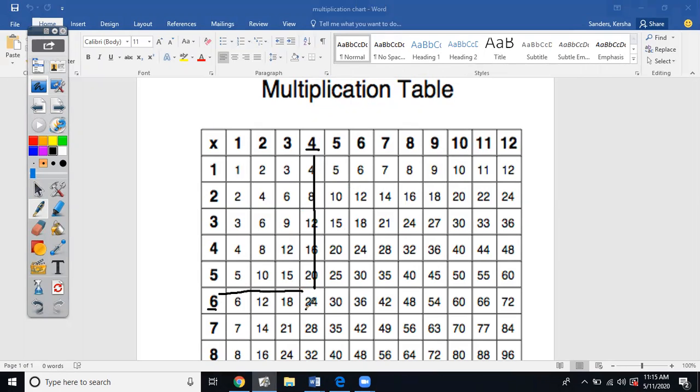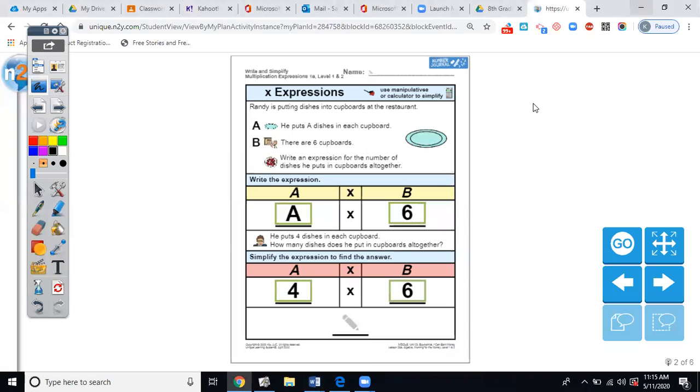Looks like our answer is 24. Okay, so let's erase our annotations and go back to our problem. And our number, like we just got from the multiplication table, is 24. 4 times 6 equals 24.